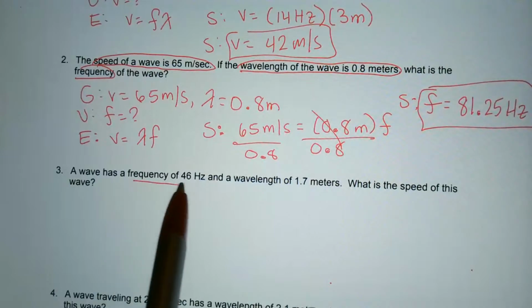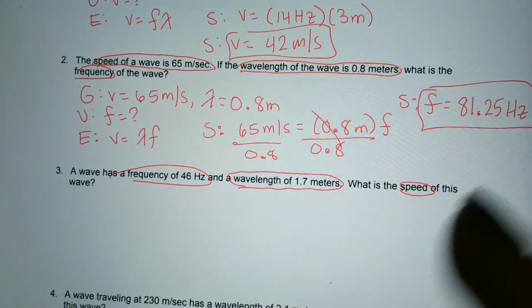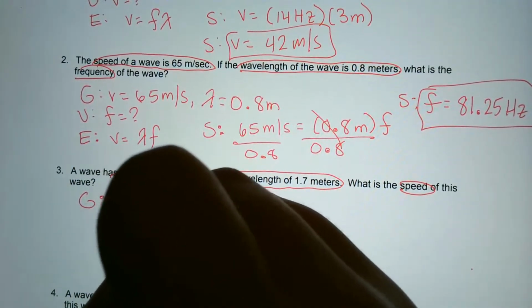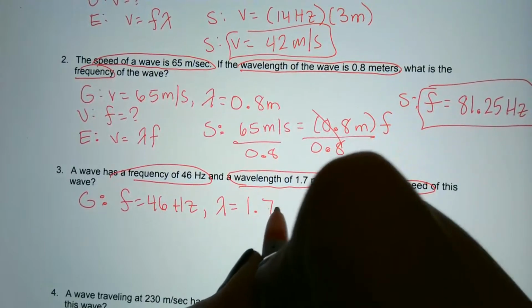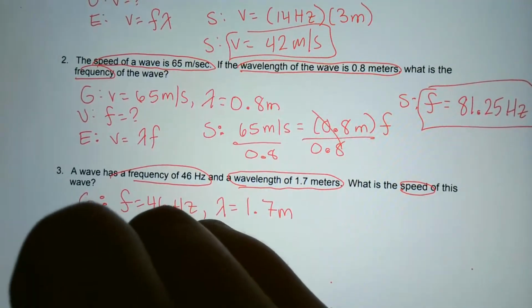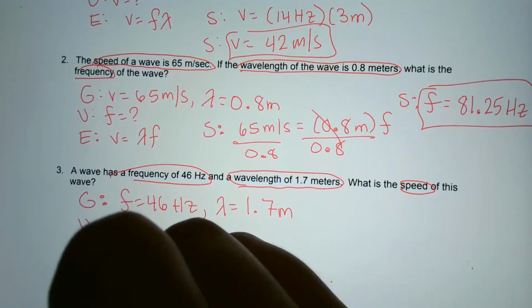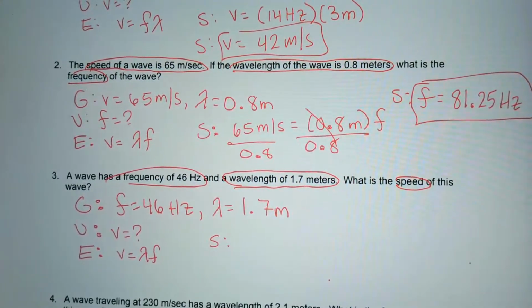A wave has a frequency of 46 hertz and a wavelength of 1.7 meters. What is the speed of this wave? So we have a frequency of 46 hertz and a wavelength of 1.7 meters. Again, we're looking for the wave speed, so we're going to use the equation v equals lambda times f, or f times lambda. Again, the commutative property, order doesn't matter.